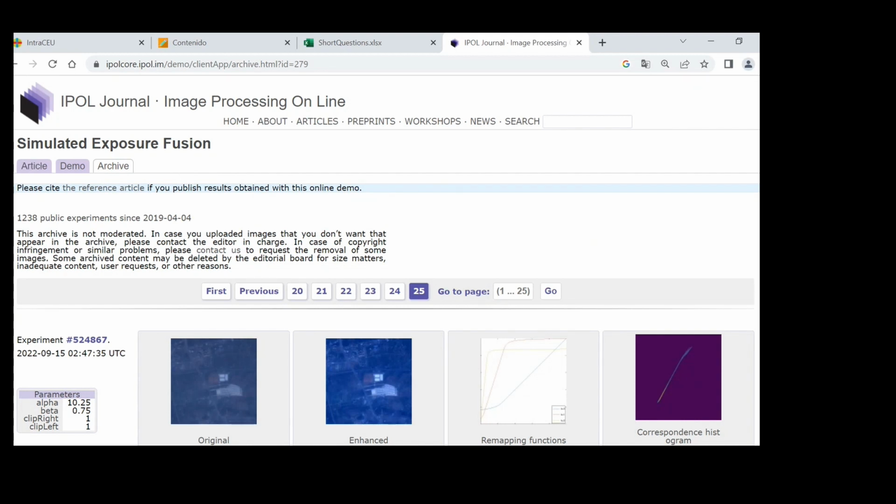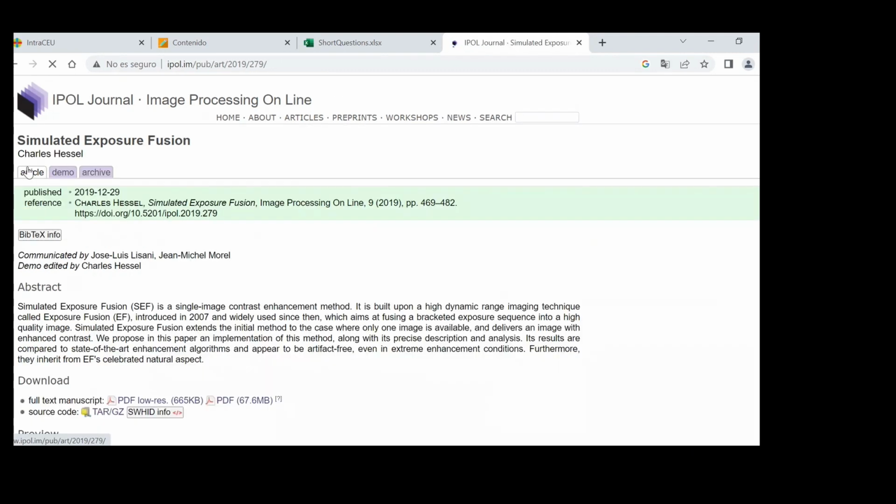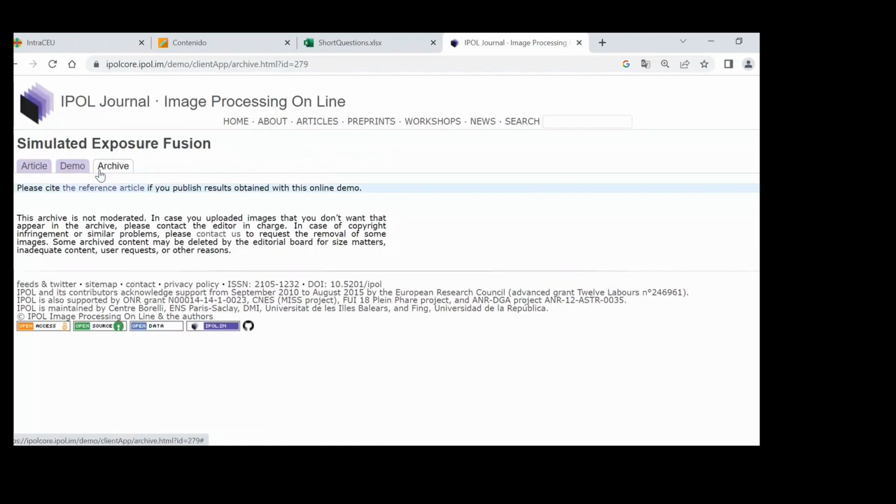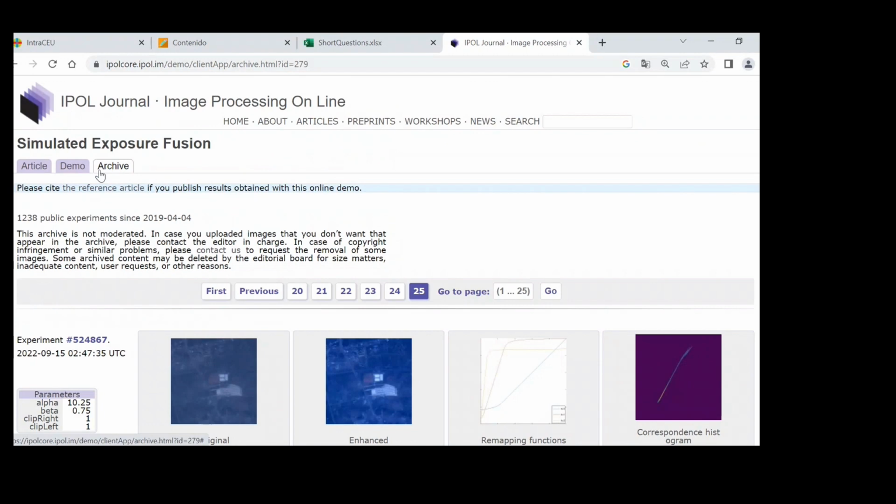But when you read the abstract, you see simulated exposure fusion is a single image contrast enhancement method. This is what we have been doing. We have a single image and we are doing contrast enhancement. This is our stuff. Okay, so we go to arXiv, and there is an example I particularly like.